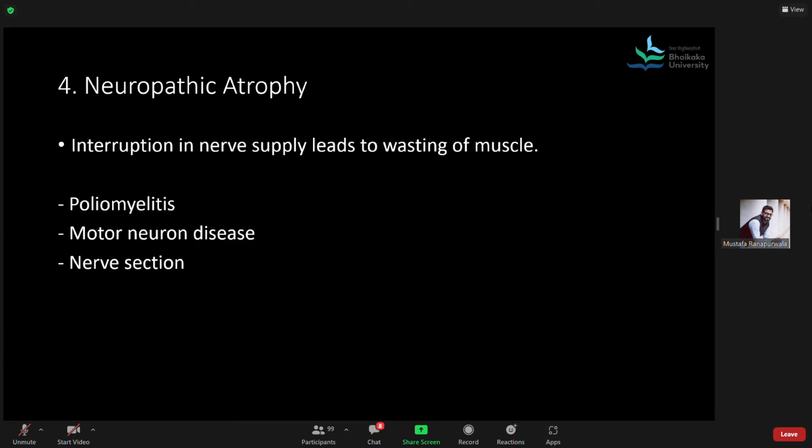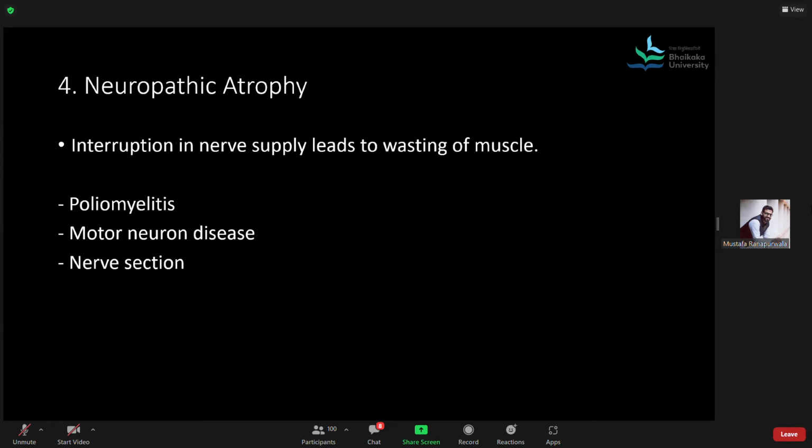Okay. Then we've got neuropathic atrophy, where there is interruption of the nerve supply, right? Now here, this usually happens when you've got nerve dissection, when you've got infections that affect the functionality of your neurons, like poliomyelitis, or you have autoimmune disorders like motor neuron disease that usually cause the interruption in the nerve supply, and that again is going to cause your skeletal muscles to undergo atrophy.